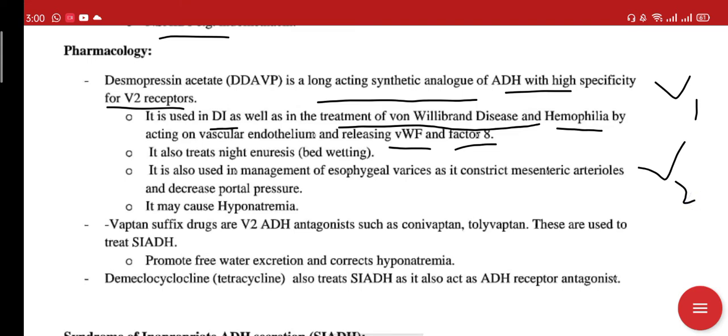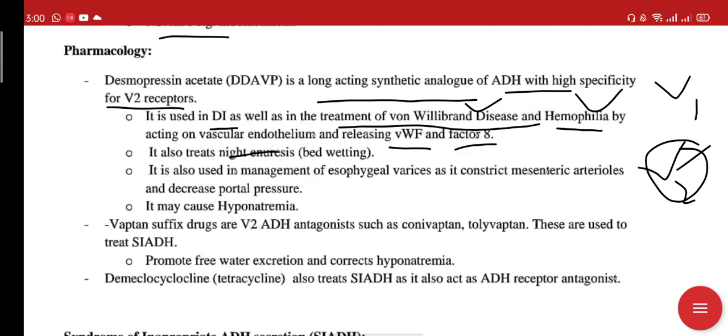The V1 receptors are mainly present in smooth muscle, where they cause vasoconstriction, whereas V2 receptors are present in the kidneys as well as on the endothelium. Once ADH acts on these receptors in the endothelium of blood vessels, they release factor 8 and von Willebrand factor. So that's why it is used in von Willebrand disease and hemophilia as well.